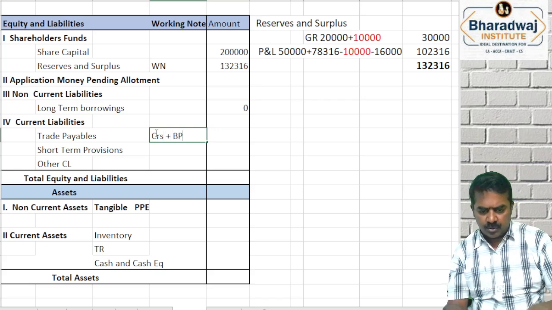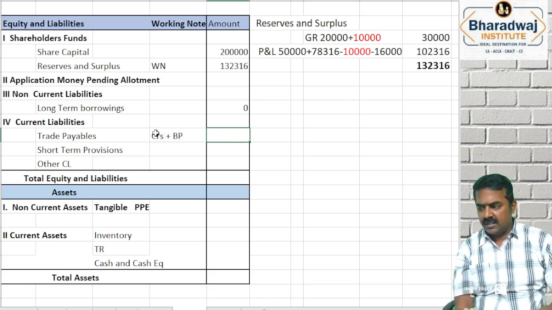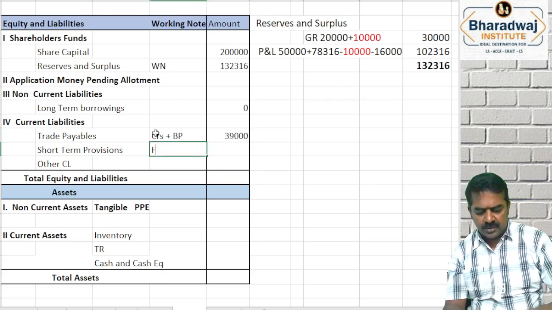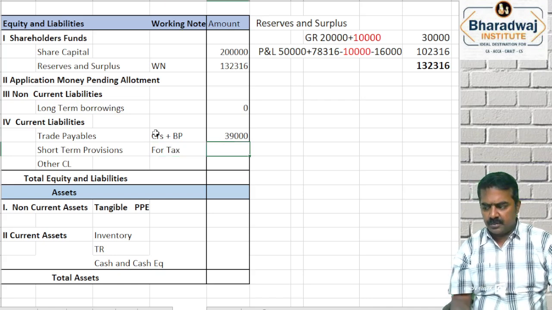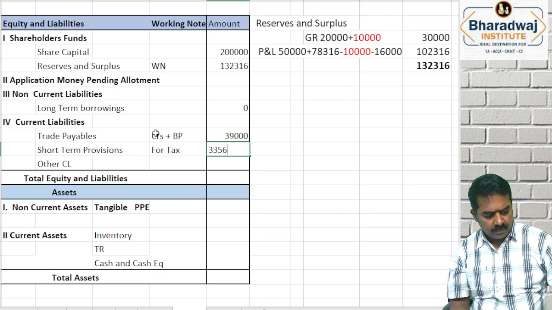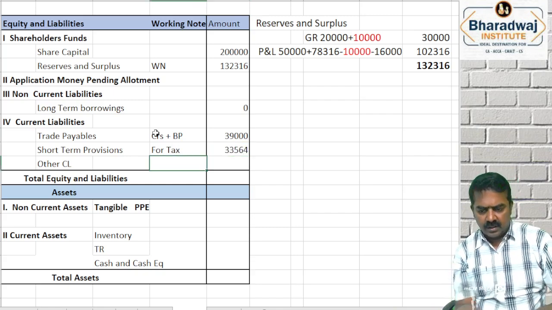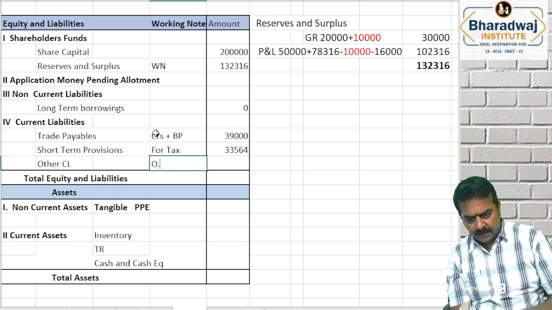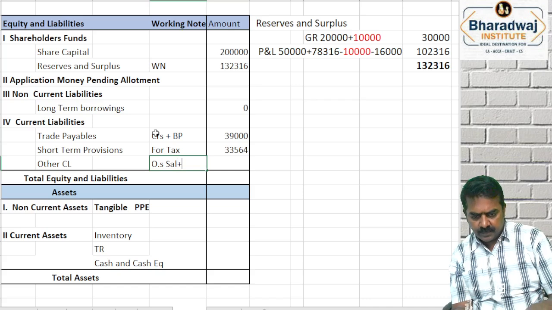For all these, proper notes to accounts must be given in the exam because they asked clearly. How much? 39,000. Short-term provision for tax. What is short-term provision for tax? 3,564. Then other current liabilities or outstanding expenses. Salary plus rent. Yes, sir. 2,000.